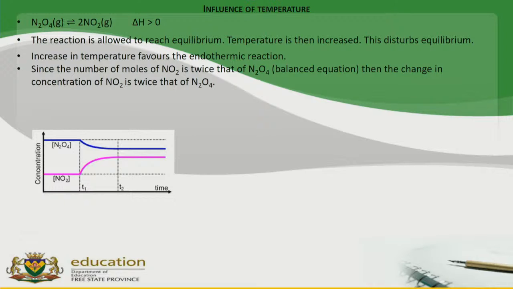Remember, at equilibrium the concentrations must remain constant. Don't forget the number of moles. Since the moles of NO2 is twice the moles of N2O4, the change in the concentration of NO2 will be twice the change in the concentration of N2O4.